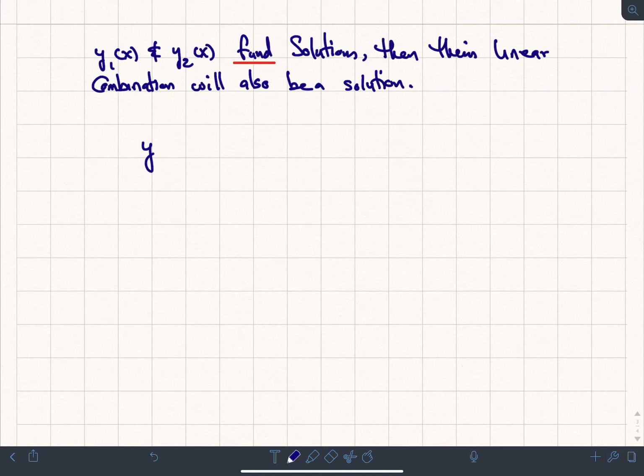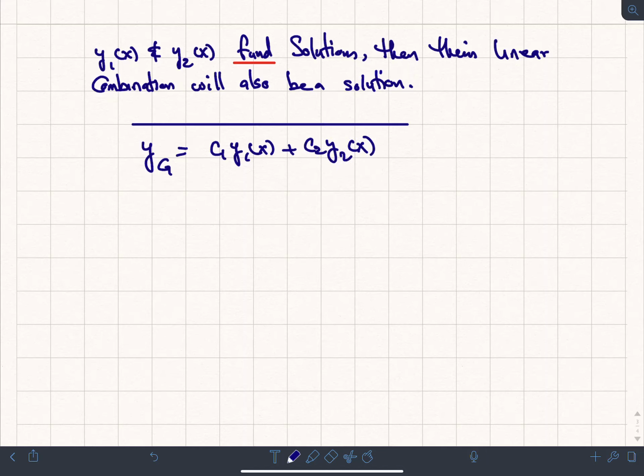So basically the general solution will be c1 y1 of x plus c2 y2 of x. And that you guys should be able to prove. I proved it in class last week, meaning you should be able to do this by yourself this week. You could see the proof on my PowerPoint that's been provided for you.